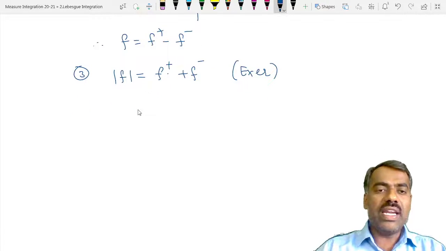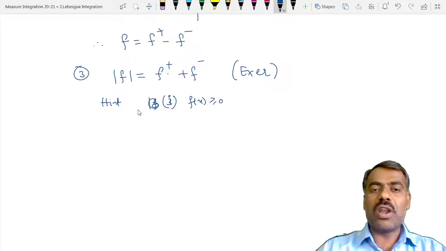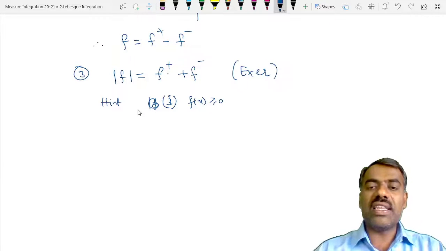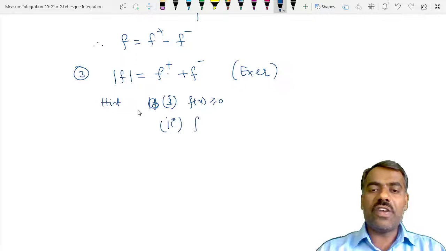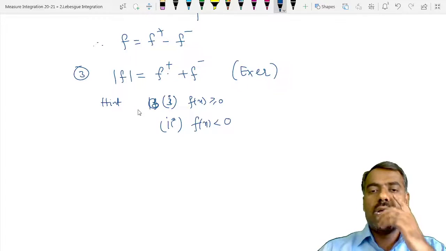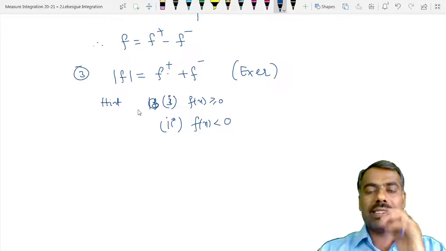How will you do it? Hint: mod f of x, you do it by doing two cases. Case 1 is that f of x is greater than or equal to 0, then what is mod f of x? If f of x is greater than or equal to 0, what is the value of mod f of x? It is the same as f of x. And the second case, if f of x is less than 0. So in both cases, show that the left hand side is the same as the right hand side. Are you following?